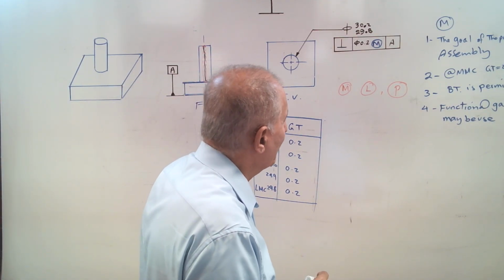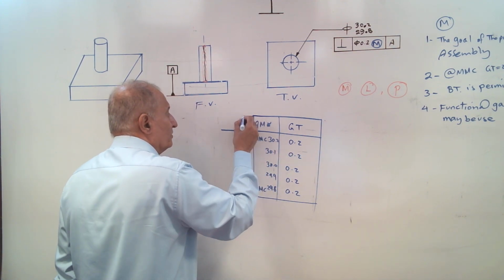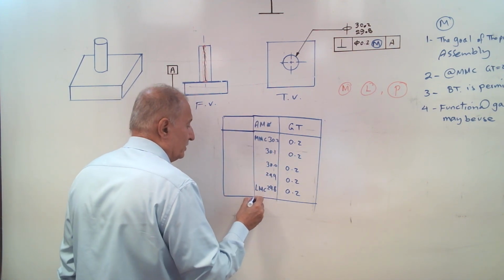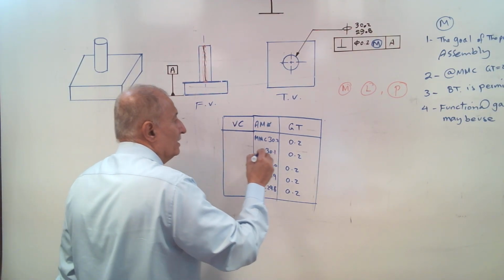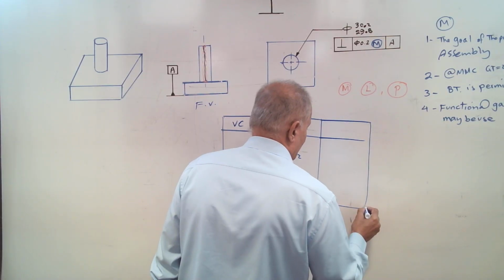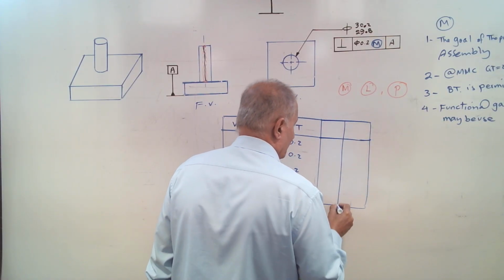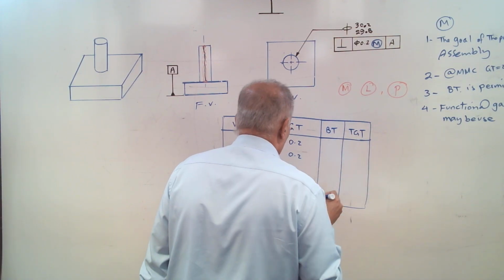Okay, then let's consider virtual condition for the surface boundary interpretation. We have virtual conditions here. When we have an M modifier, we have a bonus tolerance and a total geometric tolerance as well.